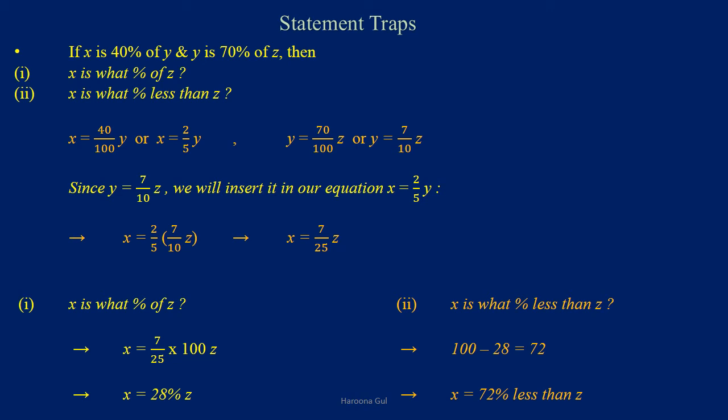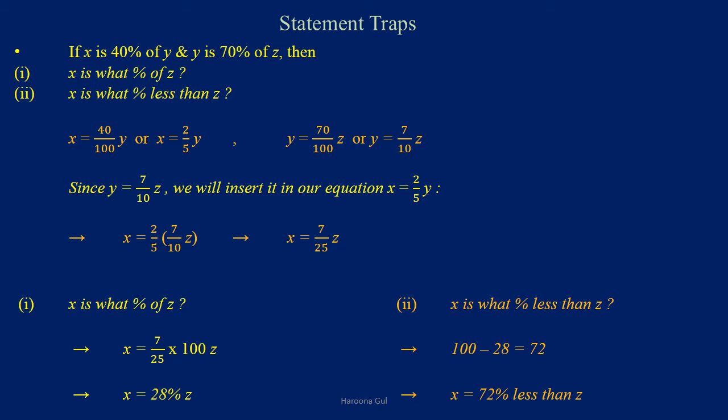So we multiply 7 over 25 into Z with 100, and 25 into 4 is 100. So 7 into 4 gives us 28, and we write percent with it because we've already multiplied it with 100. So X is 28% of Z.